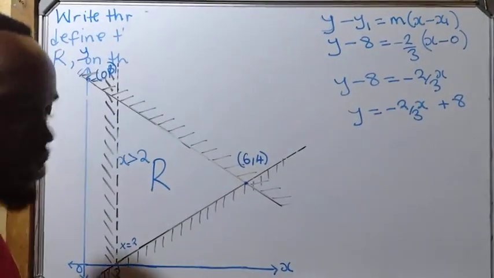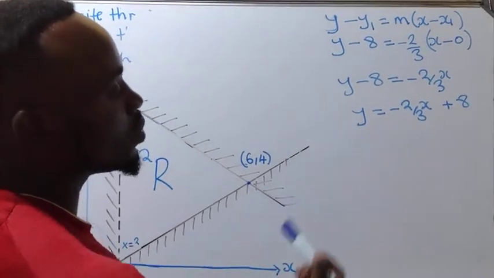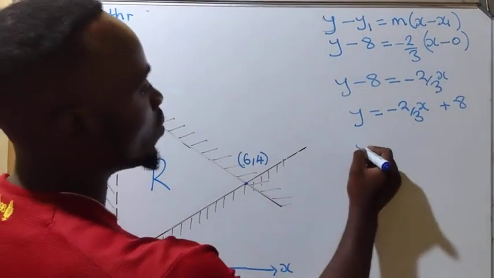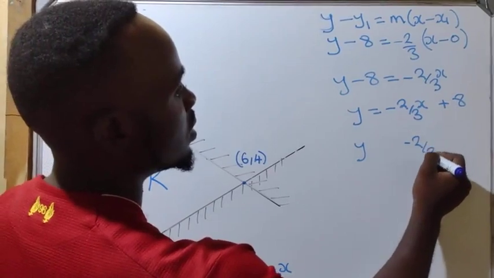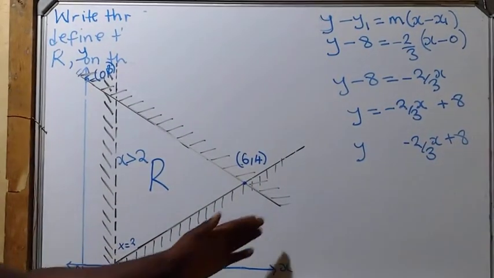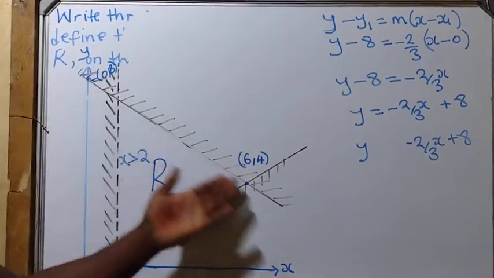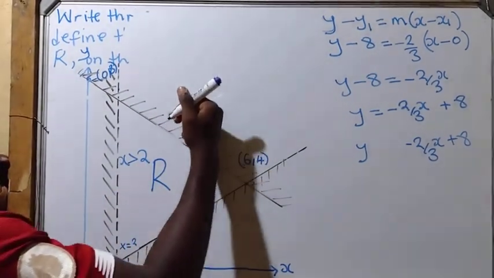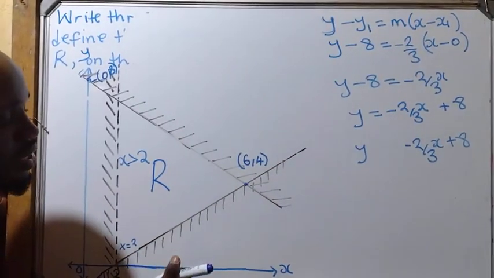So here, now we can change this from an equation to an inequation or inequality. So it's going to be y, I'll leave space here, then I'll just say negative 2/3 x plus 8. Now, looking at this line, the way it is, we said the upper region is greater, then the lower region is what?